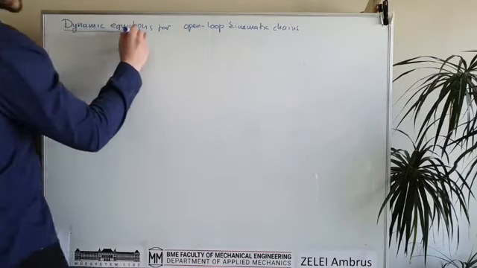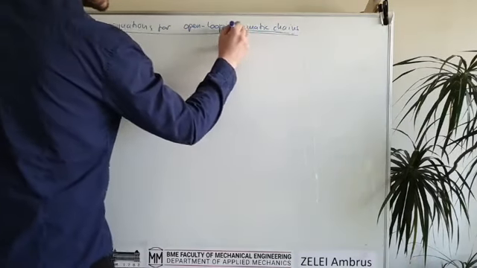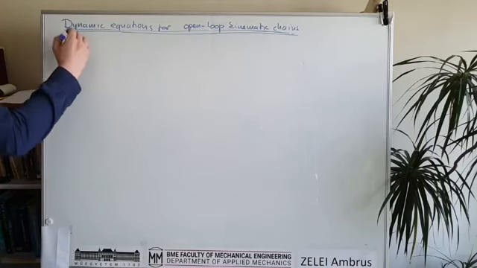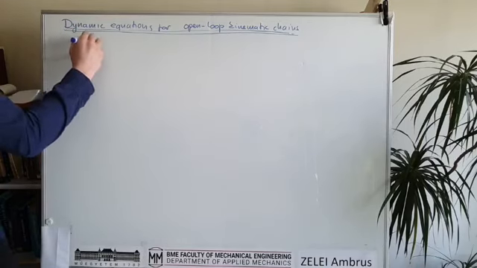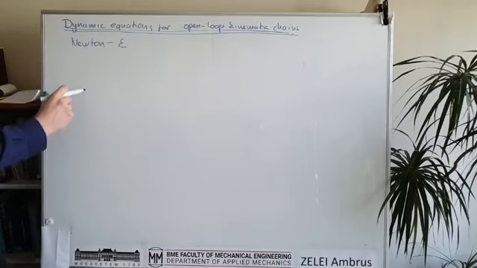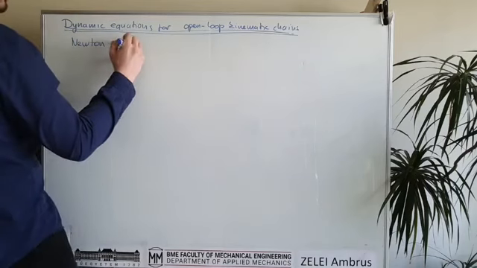So this is the big title, dynamic equations. And then let's check what the Newton-Euler recursion is. So let's go for a reminder or overview.